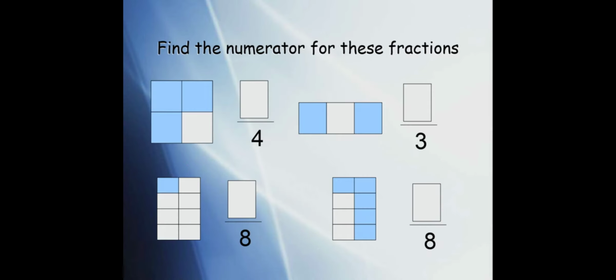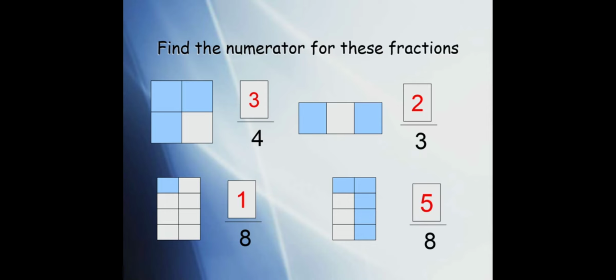I have also given some examples so that we can understand more about the numerator. Find the numerator from these fractions. The square is divided into 4 parts, the rectangle is divided into 3 parts, then again a rectangle is divided into 8 parts, then again a rectangle. Now we will not look at how many parts are divided; we will look at the shaded part.